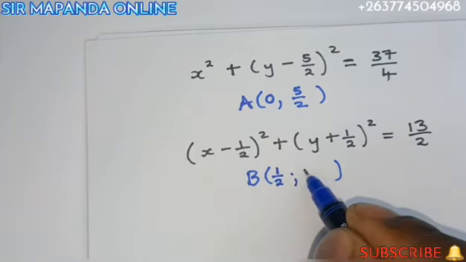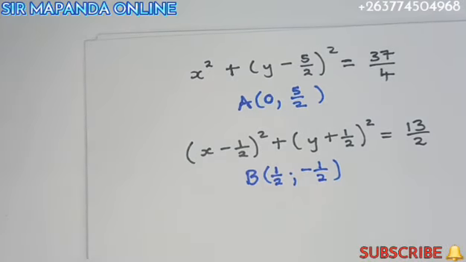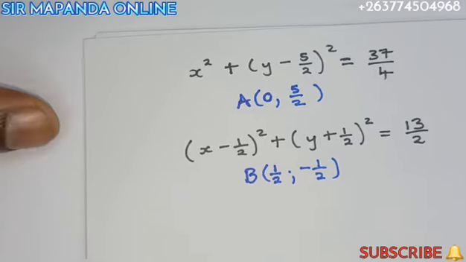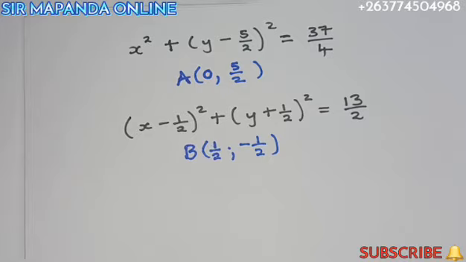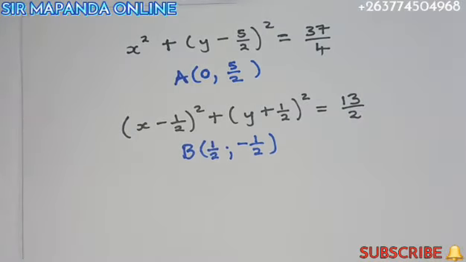Then this positive half, it gives us a negative half. So you simply change the numbers inside the bracket from negative to positive, or from positive to negative. I hope you are following, class. Then to find radius, if radius is asked, you simply put square root on the number on your right side.